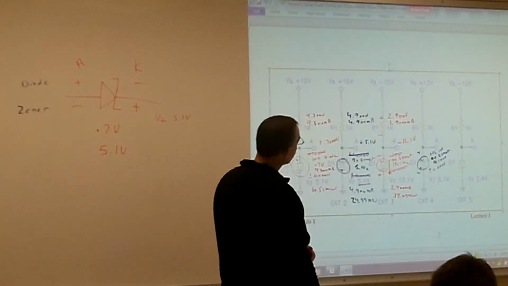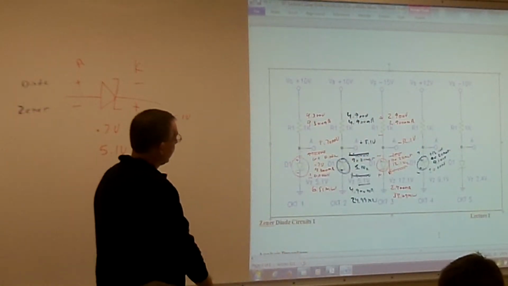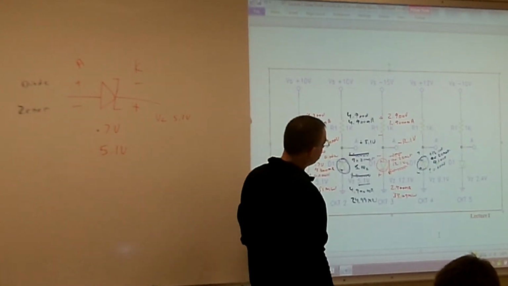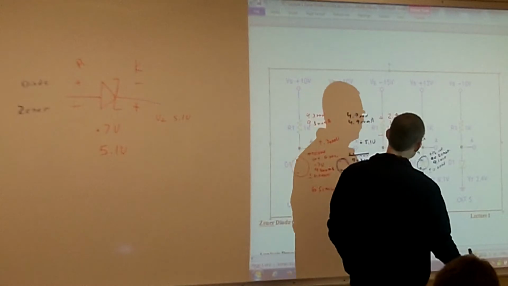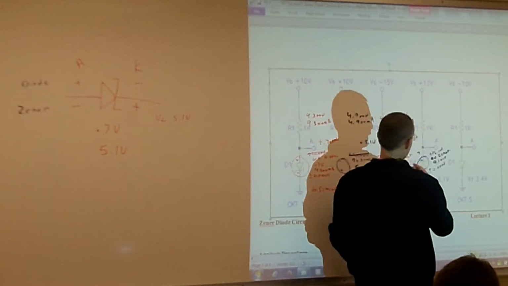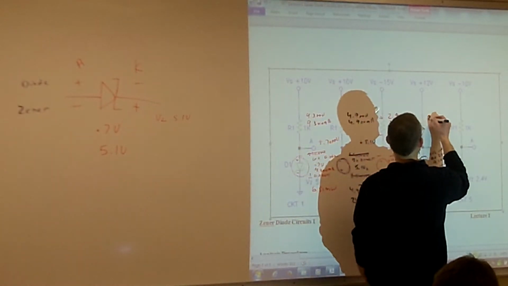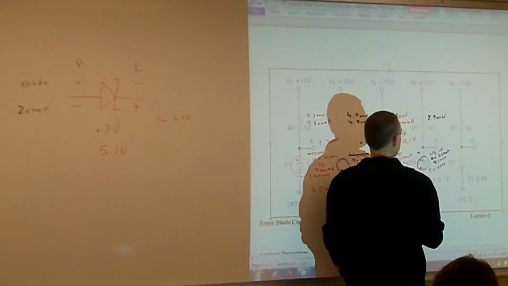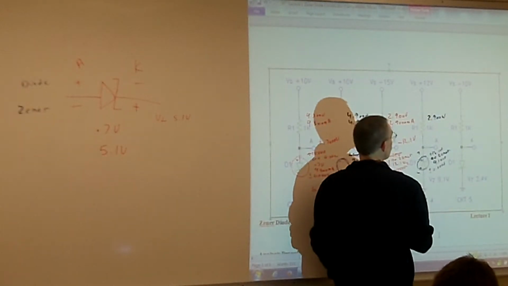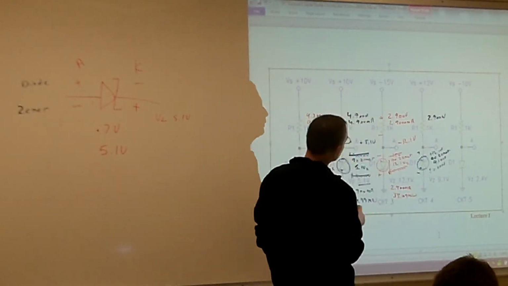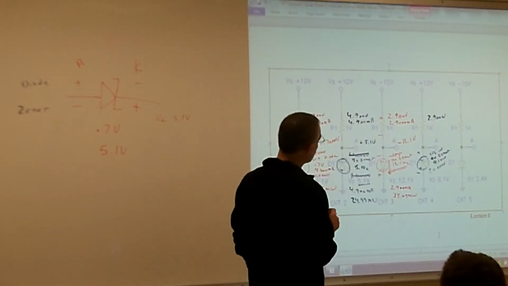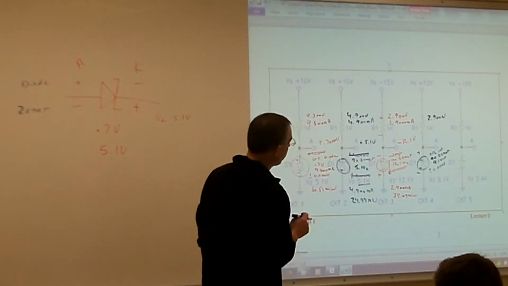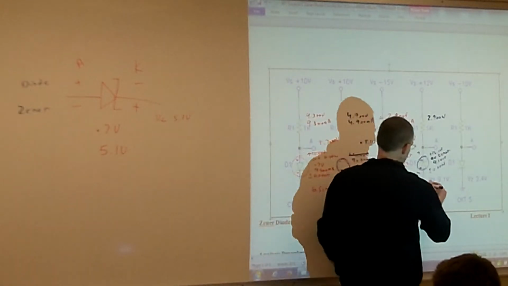Zener voltage. Okay, then our voltage across R1 then? 2.9 volts. Current going through our Zener. 2.9 milliamps.